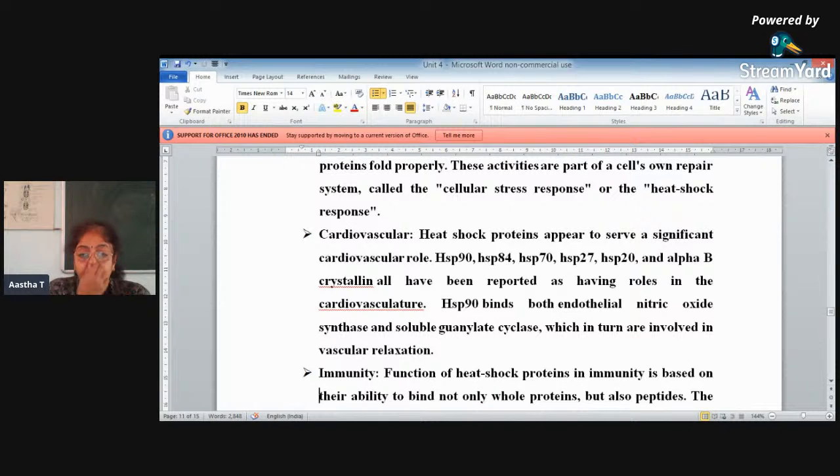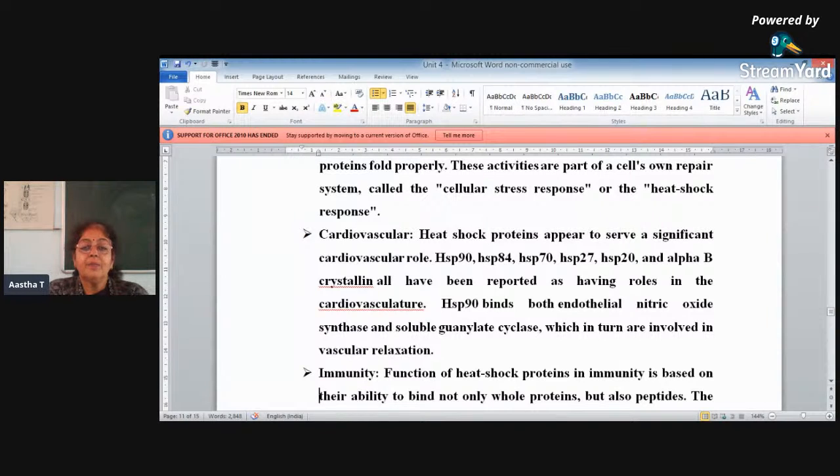HSP90 binds both endothelial nitric oxide synthase and soluble guanylate cyclase, which in turn are involved in vascular relaxation. So what these heat shock proteins do is bind to certain enzymes, and these enzymes mainly play a role in relaxation of the vascular muscles of the heart.